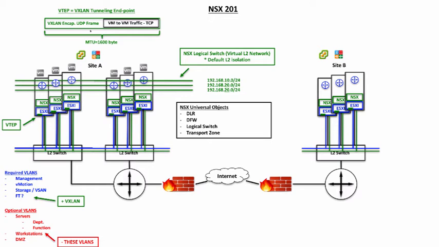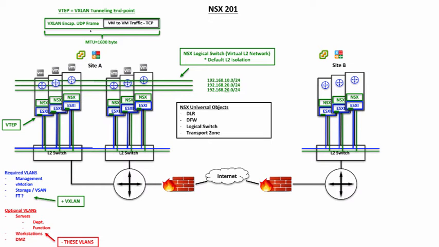That primary NSX manager is responsible for creating the universal objects that can span across those NSX managers. However, each NSX manager is still capable of creating its own local objects pertinent to the vCenter environment it is managing. Very important to understand the difference there, right?